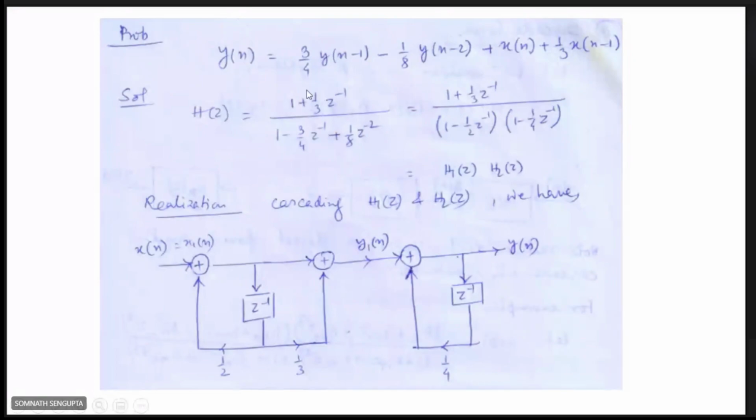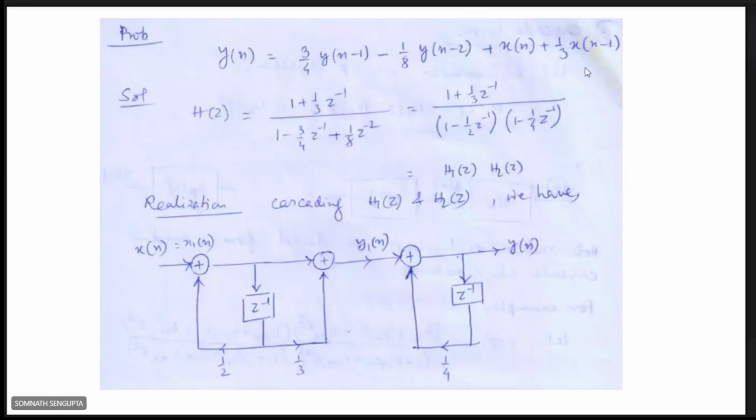Keep these things in mind, a very important concept. In FIR, only the numerator term is present, because it depends only on xn and previous values of input, not previous values of output. Output delay is not considered, so it is not recursive.